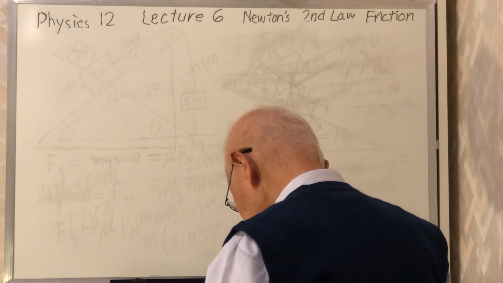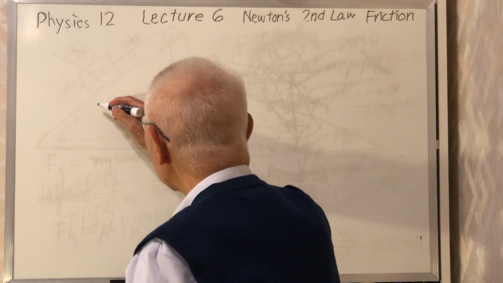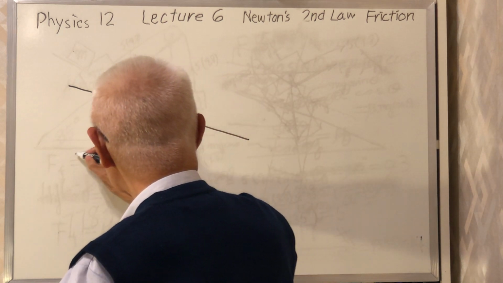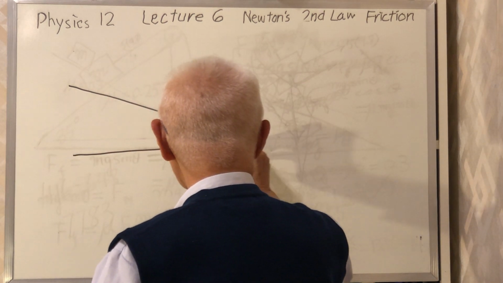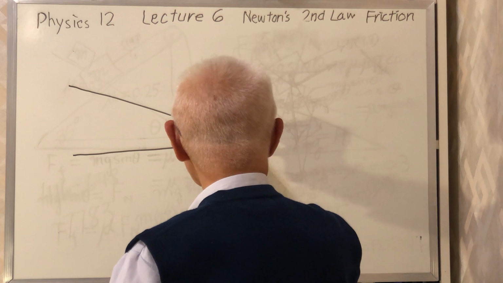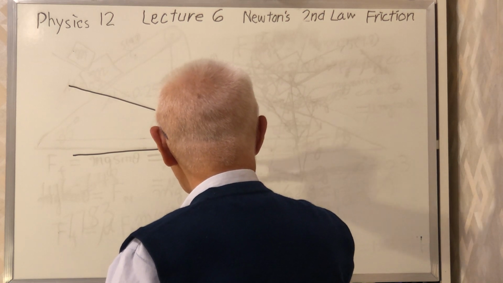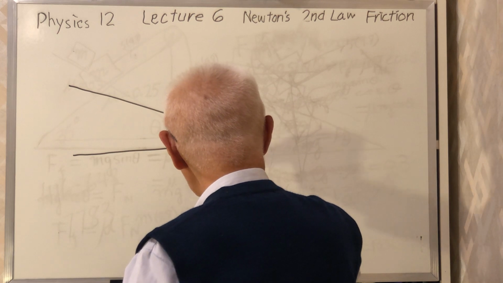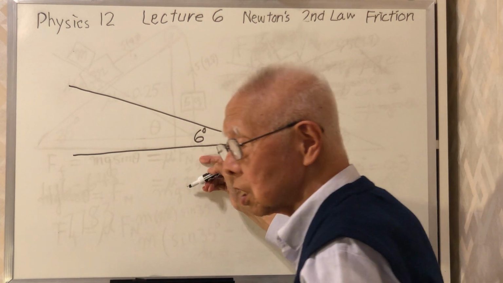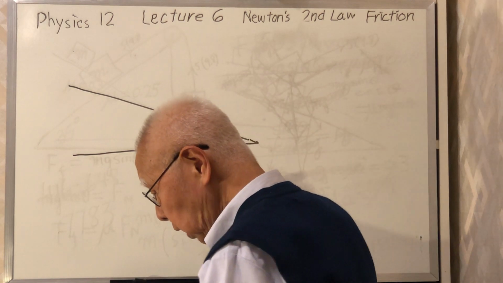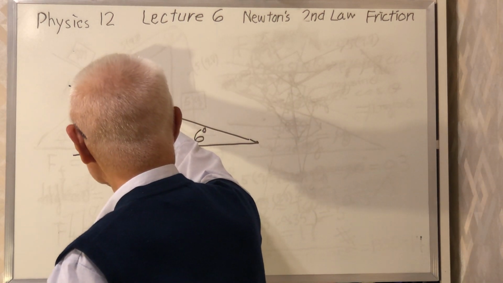All right. Again, I have an inclined plane. The angle is just 6 degrees. It's not big, just 6 degrees. So I have a mass on top of the inclined plane.